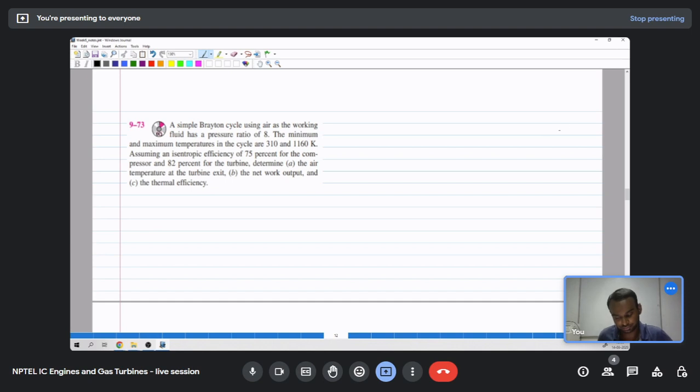We know in the TS diagram the compression process, which is isentropic, is represented by a vertical line, and then the heat addition at constant pressure will be a curve something like this, and then isentropic expansion is again a straight line, and then we have a constant pressure heat rejection.